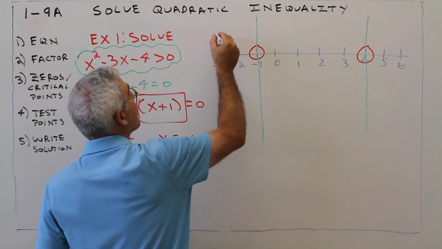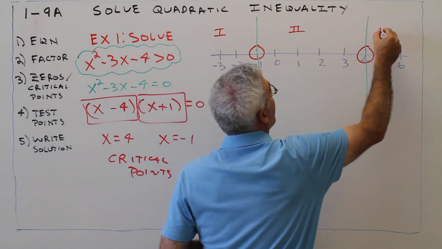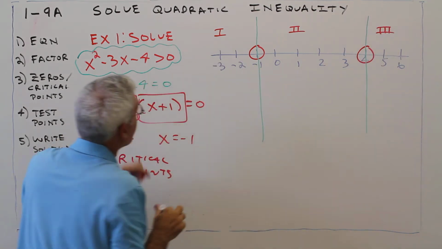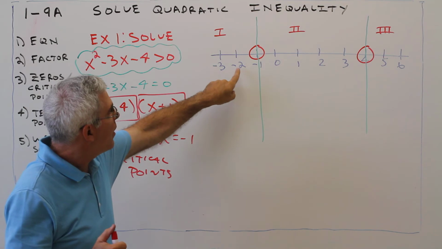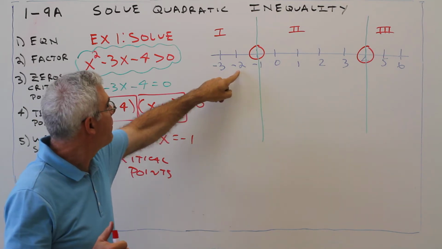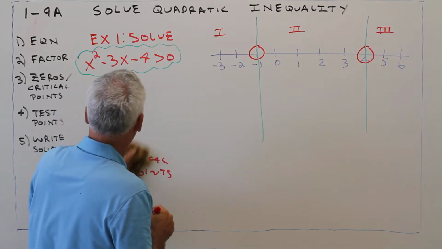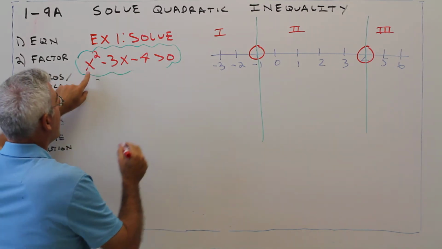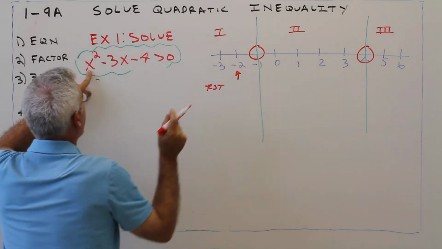All right, so I'll call this region 1. I'll call this region 2. And I'll call this region 3. All right, so I'll just pick the friendliest points I can find. I'll just choose negative 2. All right, so I'm going to test it in this original inequality. So I'm testing that point right there.